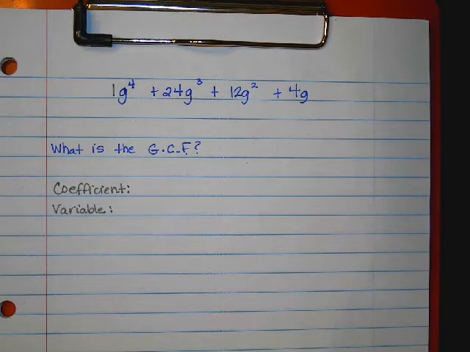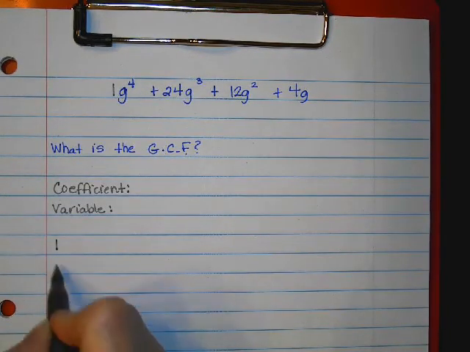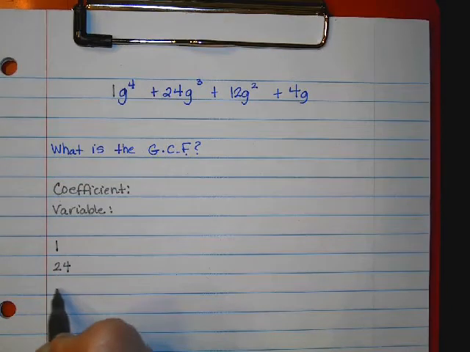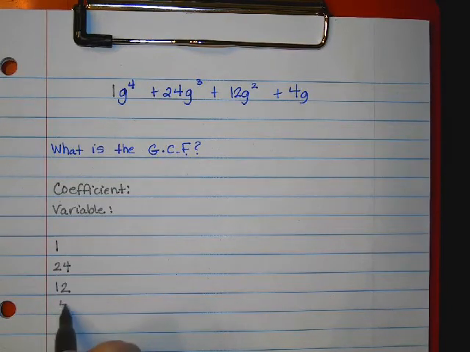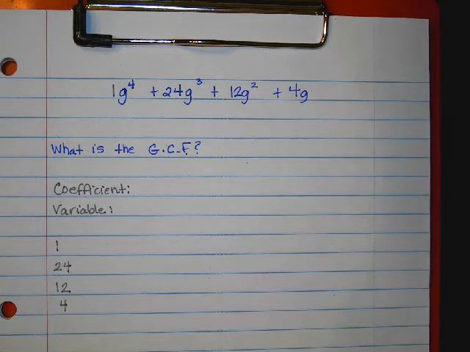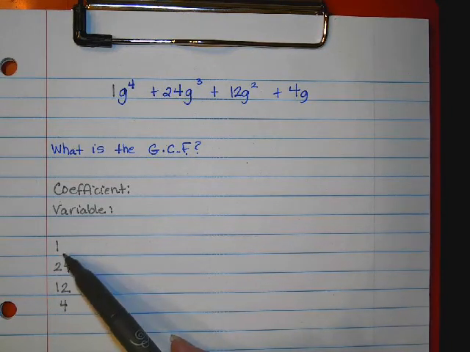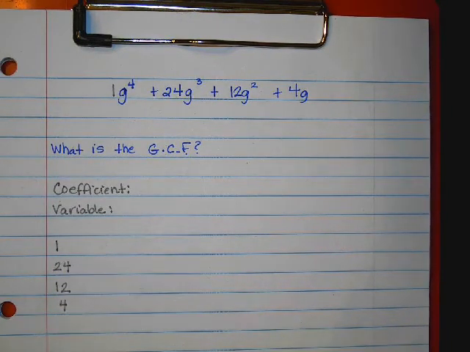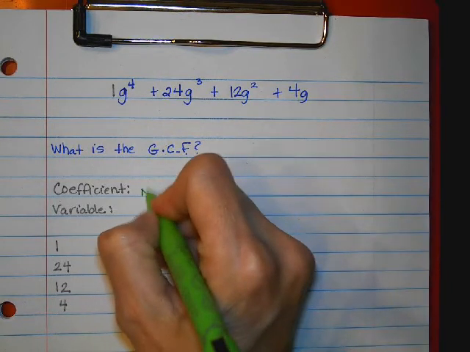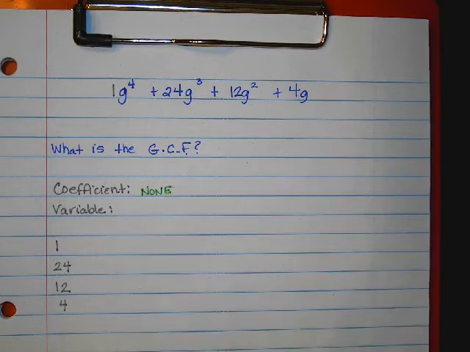So our 1, 24, 12, and 4. So now I'm going to give you a little hint. Anytime 1 is one of your coefficients, you will not have a GCF for your coefficients. So they're none, because it's an understood 1.